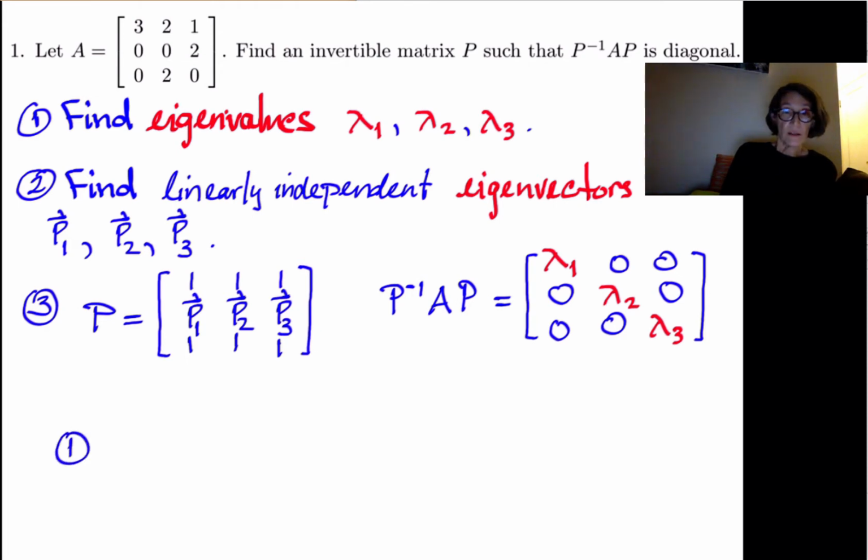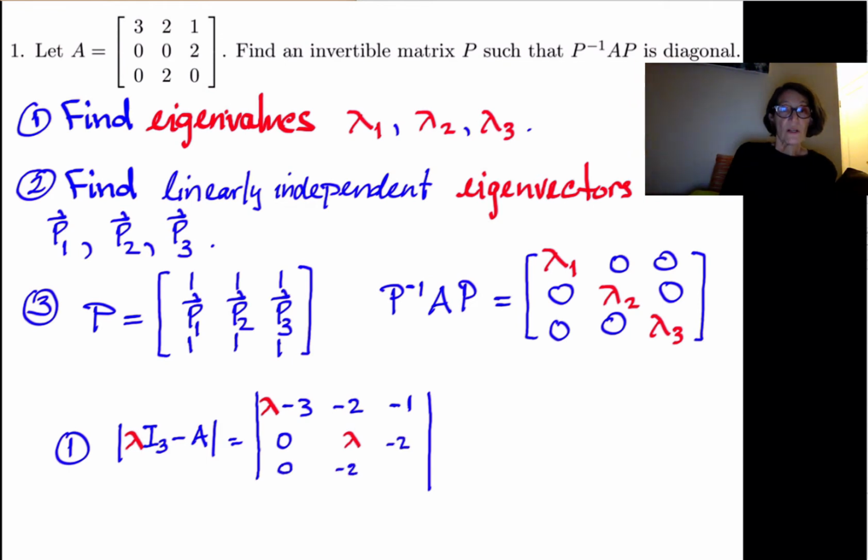To find the eigenvalues, we have to find the determinant of lambda times I3 minus A. So lambda times I3 minus A is going to be lambda minus 3, negative 2, negative 1, then 0, lambda, negative 2, 0, negative 2, and lambda.